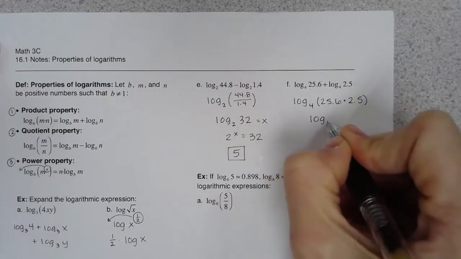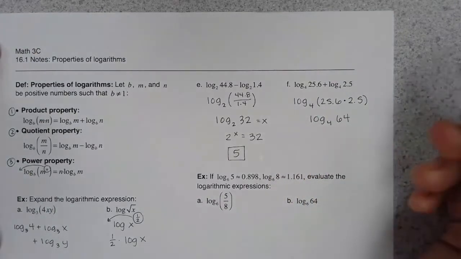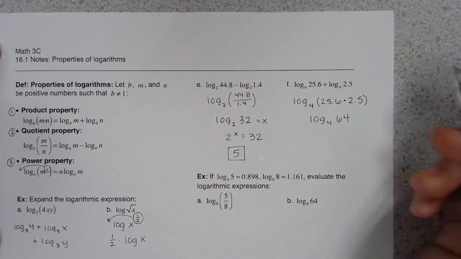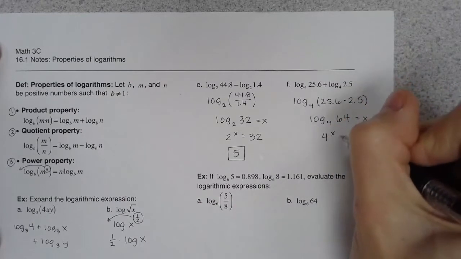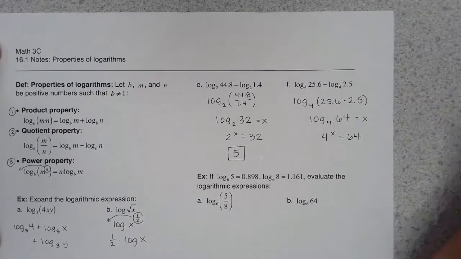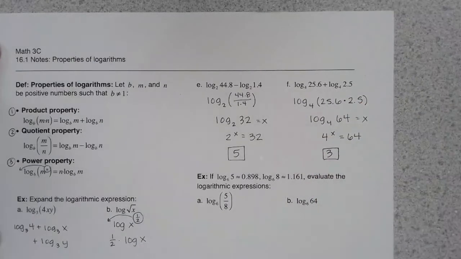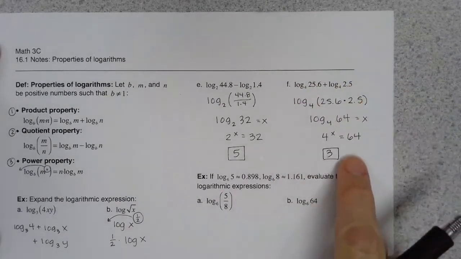That's going to give you log base 4, and when you multiply these two together, you get 64. And then whenever these are numbers, you want to stop and think to see if you can further evaluate that. So you want to stop and think, do logs equal exponents? So does 4 raised up to some exponent give you 64? And you stop and think, and it does. And so on that one, your final answer will be 3. That's the fully simplified version of this, condensed first and then fully simplified.